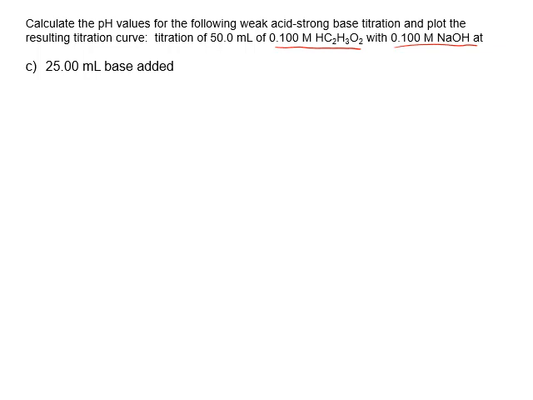Since this is a one-to-one reaction and we have equal concentrations of the reacting species, and we're starting with 50 milliliters of the acetic acid, we expect the equivalence point to occur when we've added 50 milliliters of base. So when we're adding 25 milliliters of base, we're exactly halfway to the equivalence point.